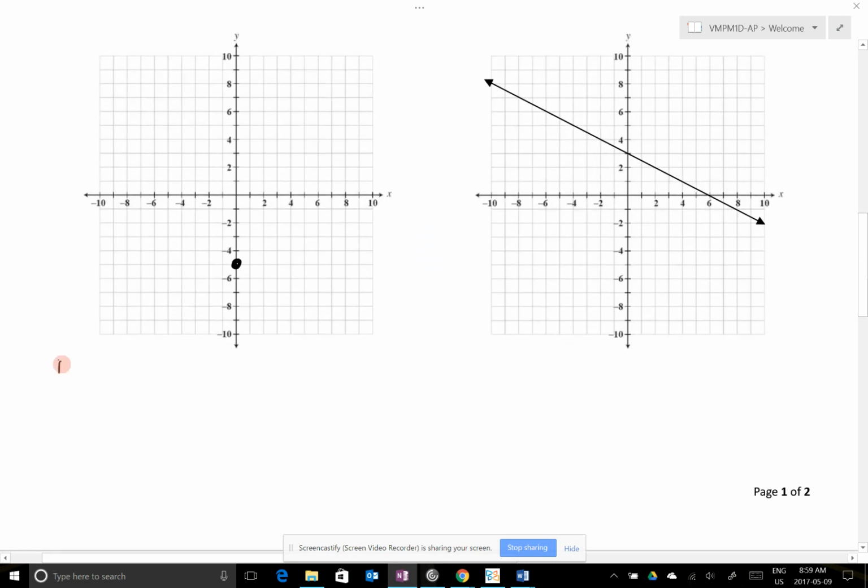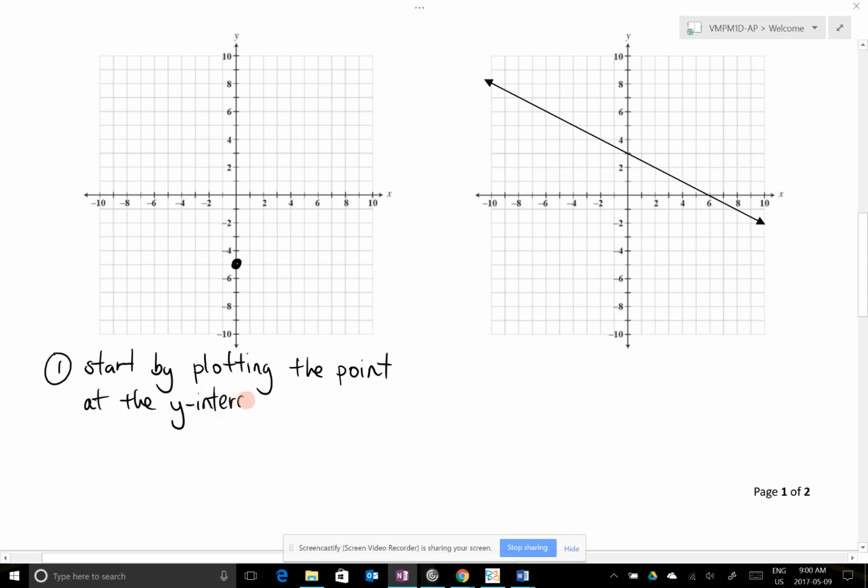So how did I graph this? Step 1, start by plotting the point at the y-intercept. Step 2, using slope. The slope is 3, so the rise could be 3 and the run could be 1. 3 over 1 is 3.